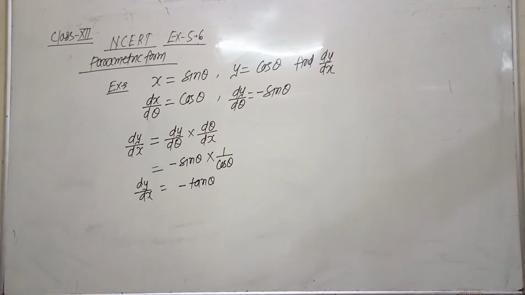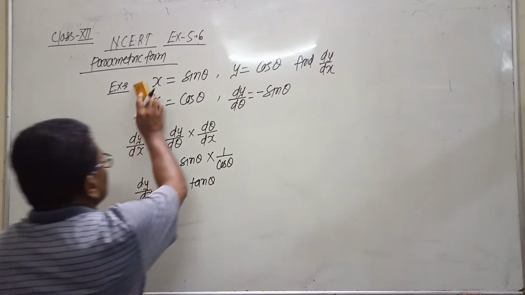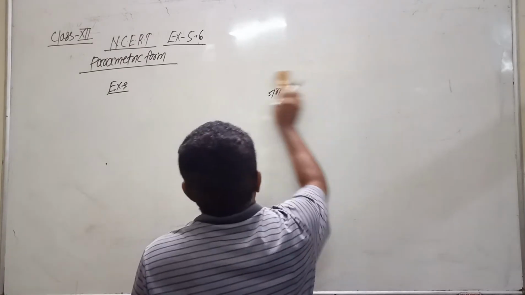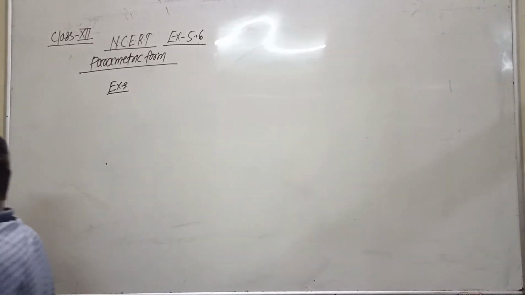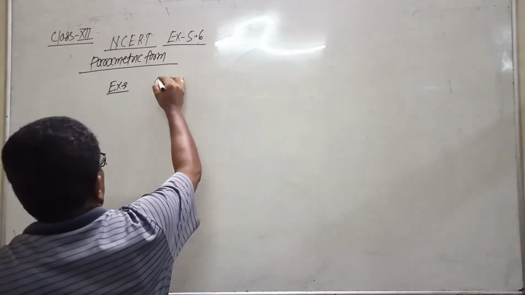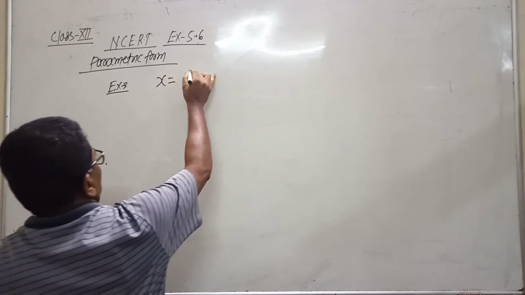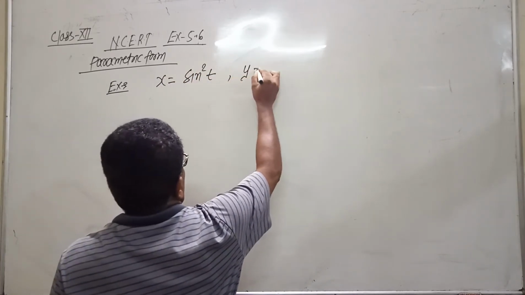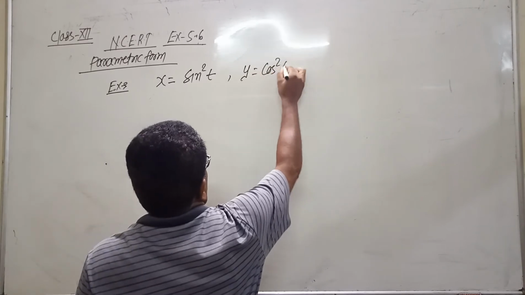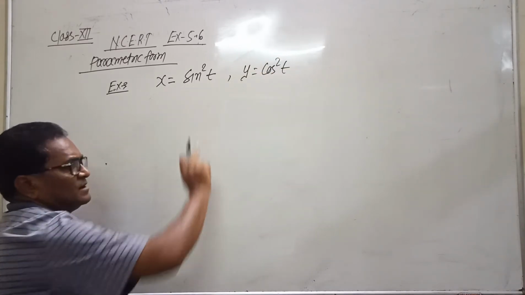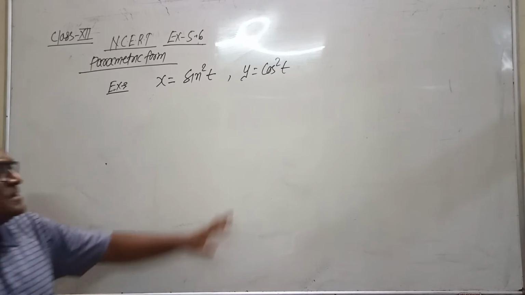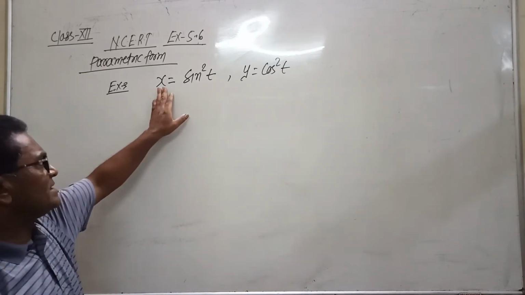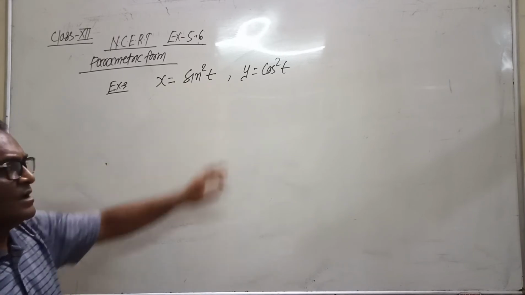If the question is given in terms of t, suppose the question is x equals sin square t and y equals cos square t. So this is x in terms of t, and this is y in terms of t. So now we will calculate dx by dt.